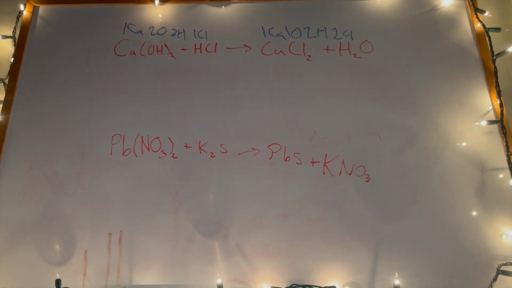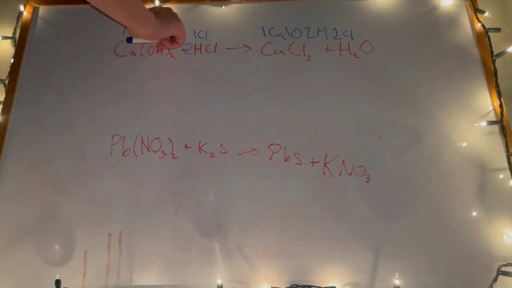So we know we need 1 more Cl on this side, and we know we need 1 more hydrogen on that side. We're first going to change the Cl on this side, so we're going to give it a 2 coefficient. That would change the number of H's to 4 H's and 2 Cl.